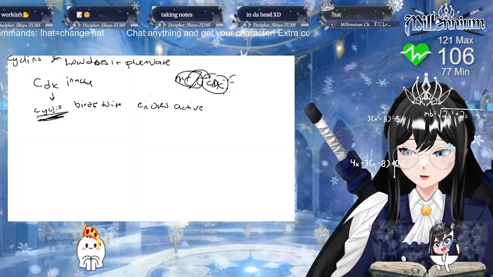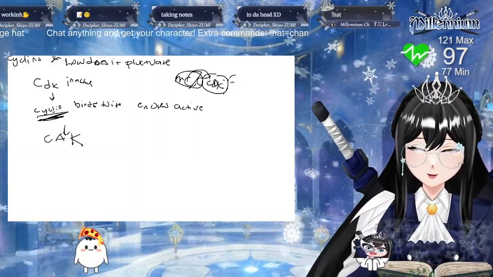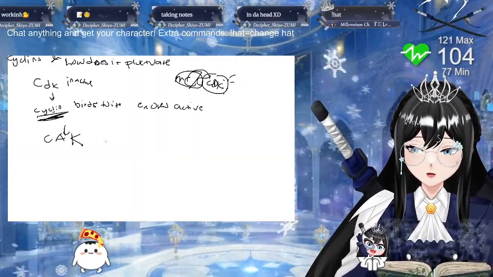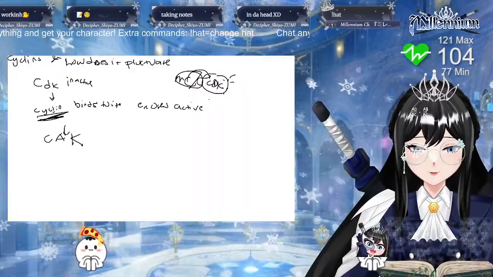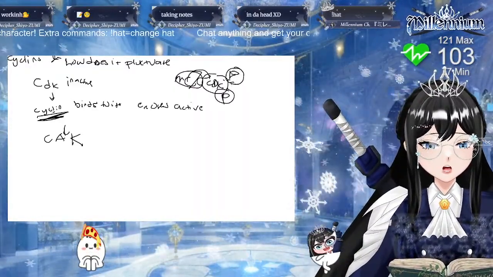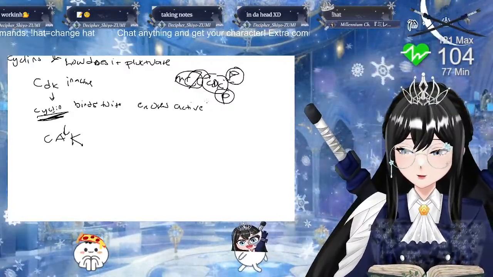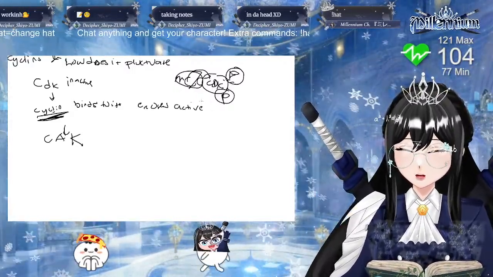And now the CDK-activating kinase, the CAK, phosphorylates a residue on your CDK, adding phosphates on the exposed active site.